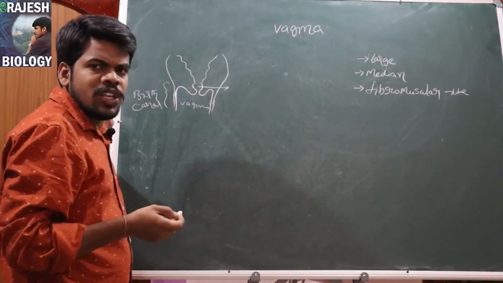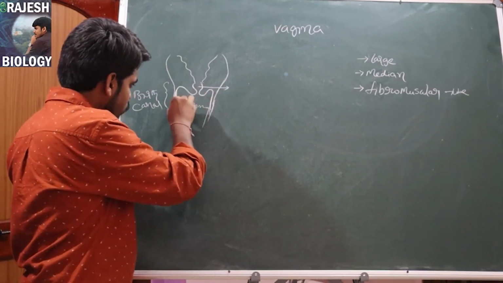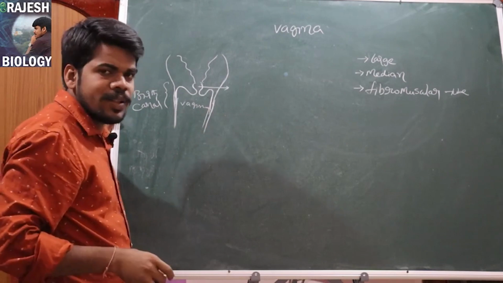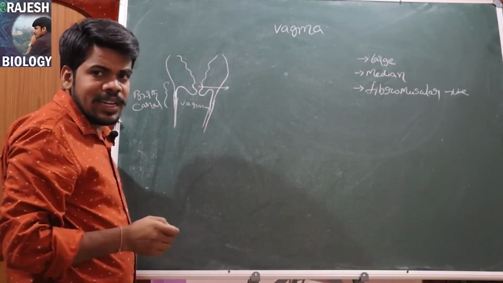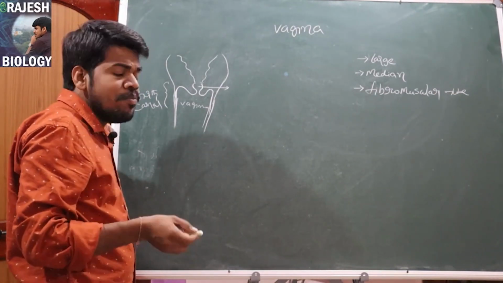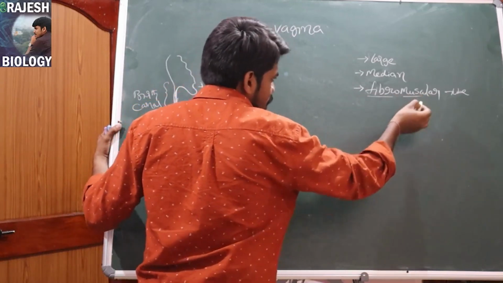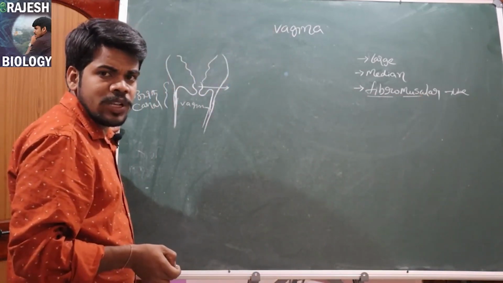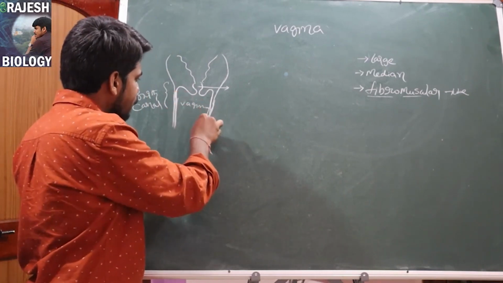It is large when compared with the cervix, nearly 10 centimeters long. Median means it is not so big and not so narrow. Fibromuscular means it has both fibrous tissue and muscle tissue.